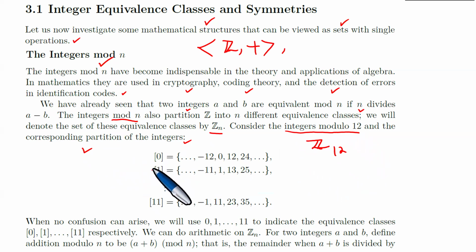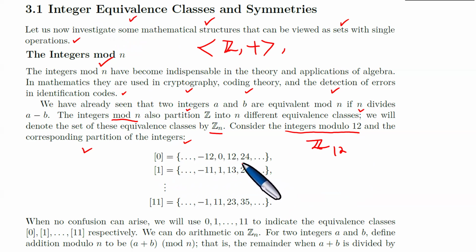Now we're looking at the equivalence class that contains 0, the integers that are equivalent to 0. Because we're looking at integers modulo 12, we can see the multiples of 12. 12, 24, because 12 is equivalent to 0 modulo 12.